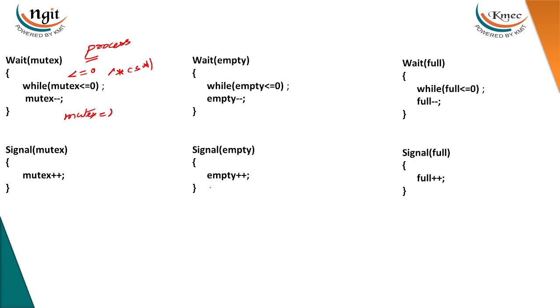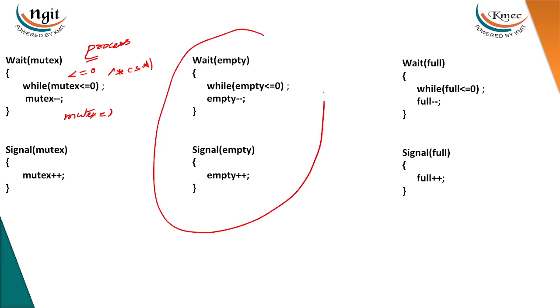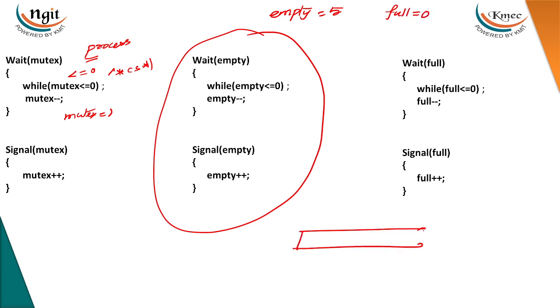Now if this code is executed by a producer or consumer, we initialized empty to 5 and full to 0. That means there are 5 locations, and initially all are empty.